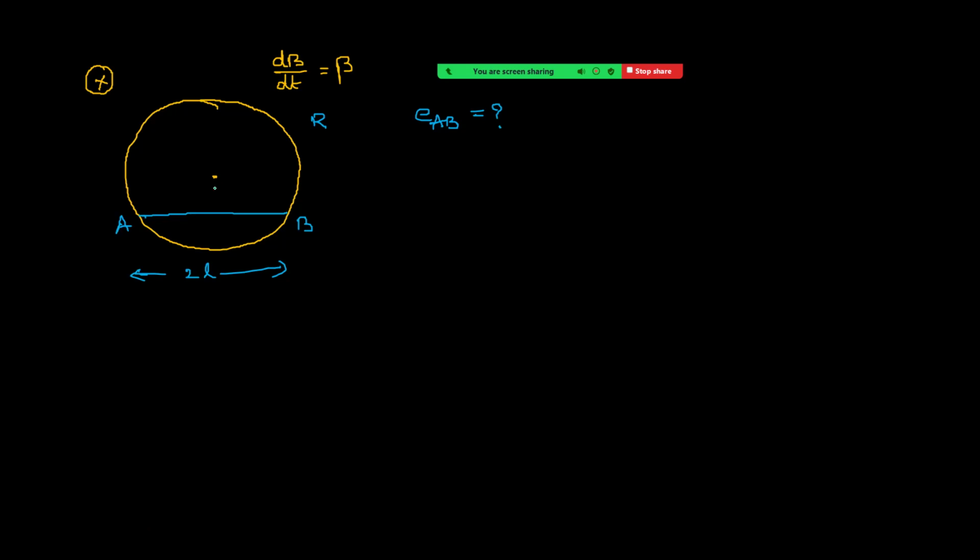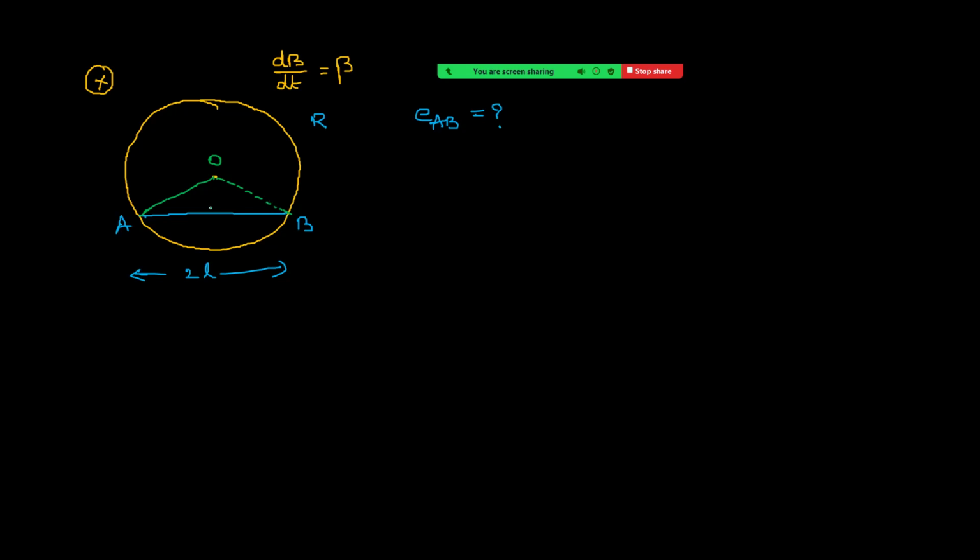Take the center as point O. Join the center and the ends of the rod. Now AO is just like one more conducting rod, and OB also one more rod.